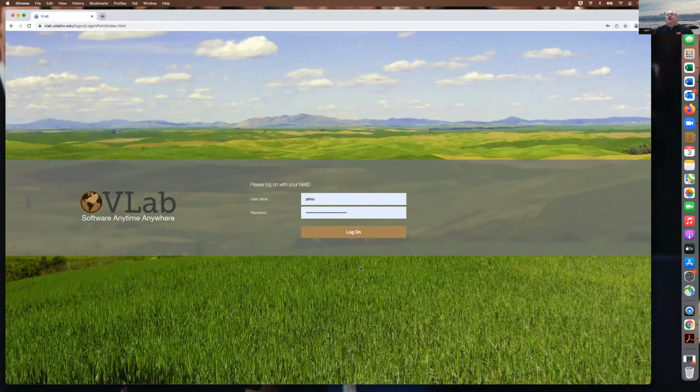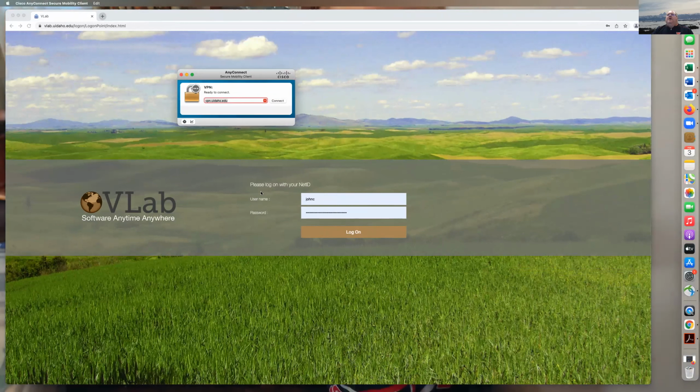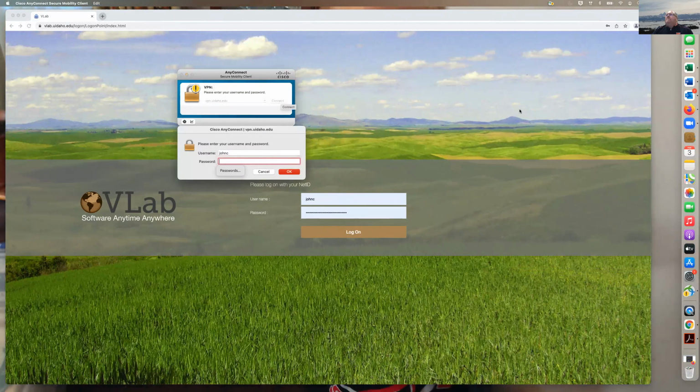So here's how to get into VLab. I showed you on an earlier video how to get into it, so let's go through that. We're going to have to get into Cisco, and let me go get my password here.